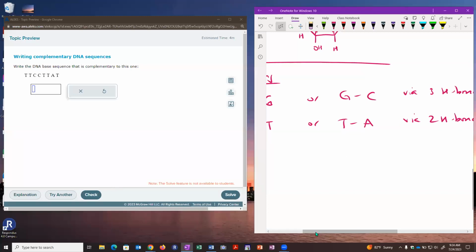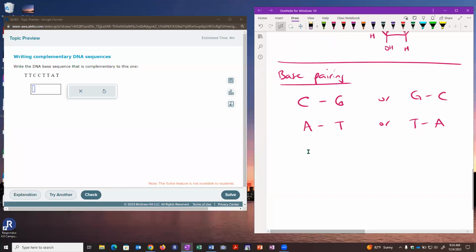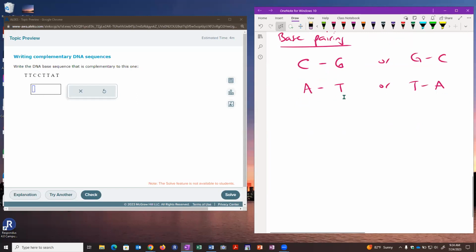All right, so predicting the DNA base sequence is probably one of the simpler things to do in this section, because as long as you know the rule for base pairing, you can predict DNA base sequences. So we know that C goes with G, or G goes with C, and A pairs up with T, or T pairs up with A. So if you're given this sequence, we can go ahead and type it in the order that they will pair up.